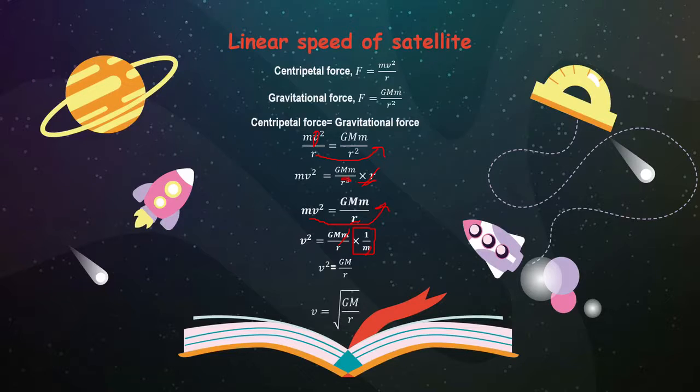We are left with v squared equal to GM divided by r. And finally, we move the square to the other side, it becomes the square root. So we calculate the linear speed of a satellite by using v equal to the square root of GM, gravitational constant times the mass of the Earth, divided by the radius.